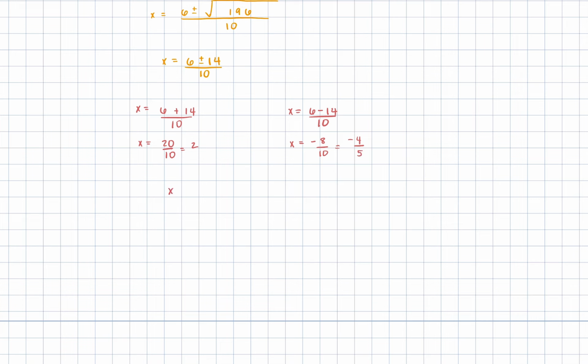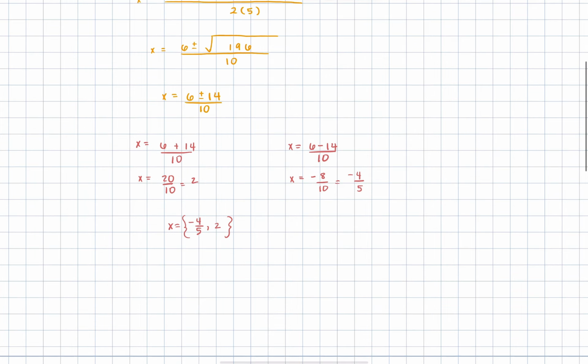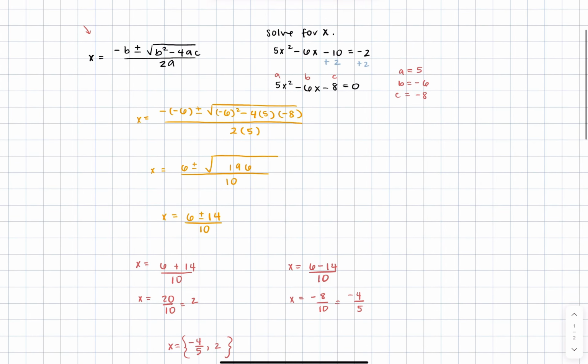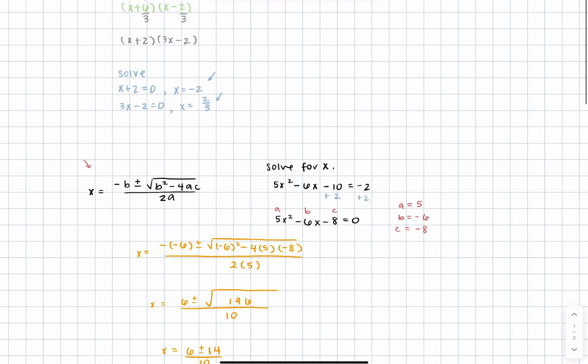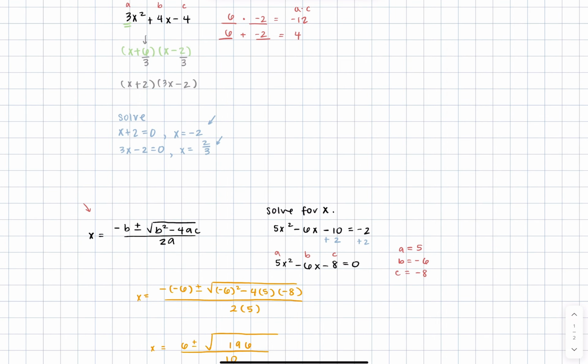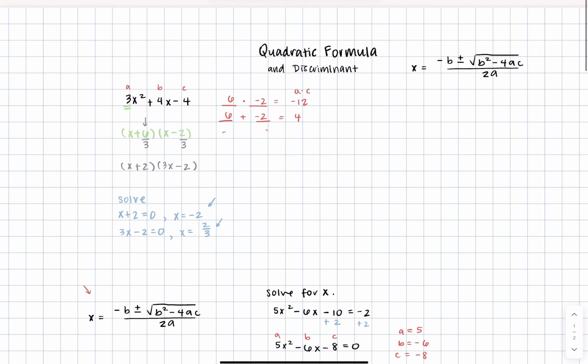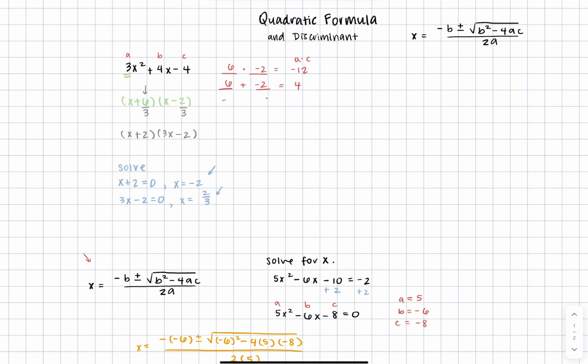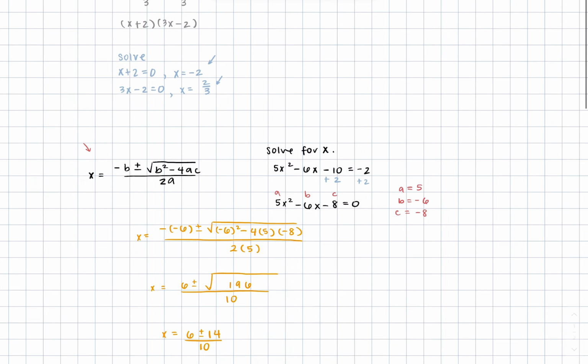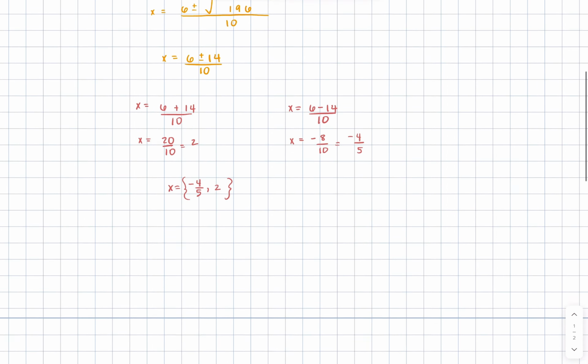So x equals negative 4 over 5, comma, 2. That's how you would solve for x using the quadratic formula. You would usually use this when you can't find factors. And if you don't remember how to do factoring, the Lizzie method, or completing the square, I would say this is the way to go.